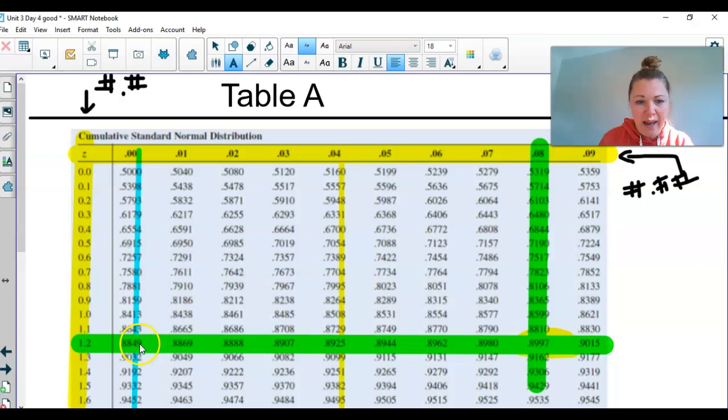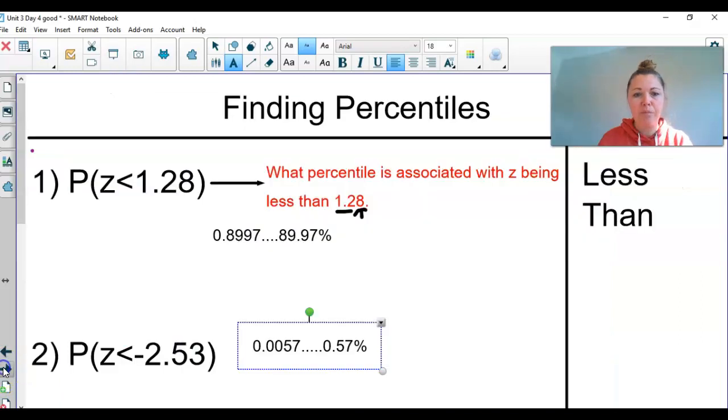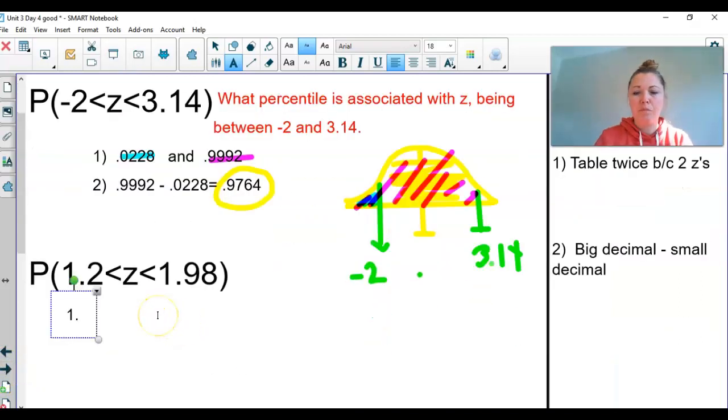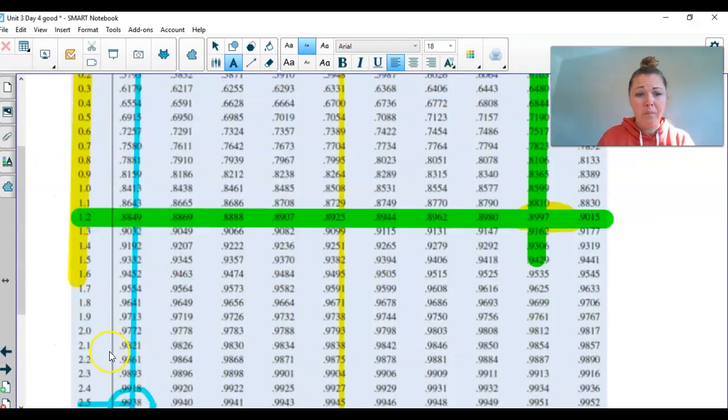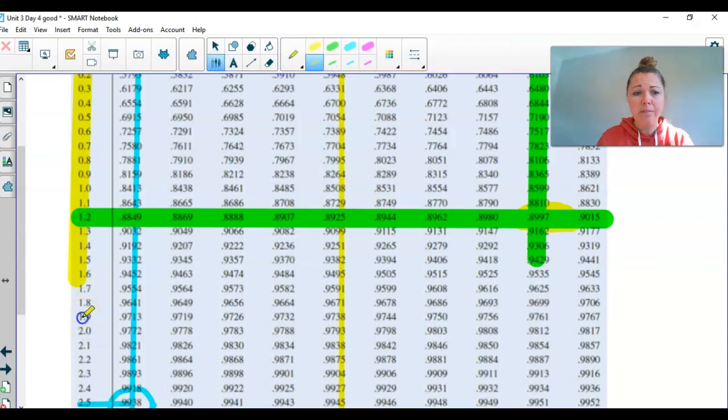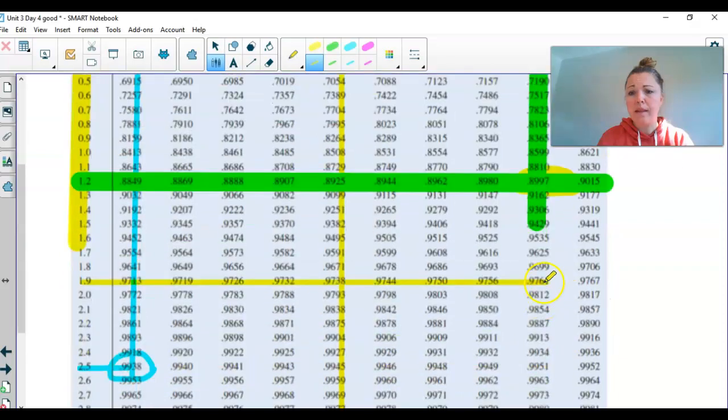1.2, that's 0.8849. And then 1.98. So that is, let me highlight it. Should be the 8, and that's the 8 row. 0.9761.